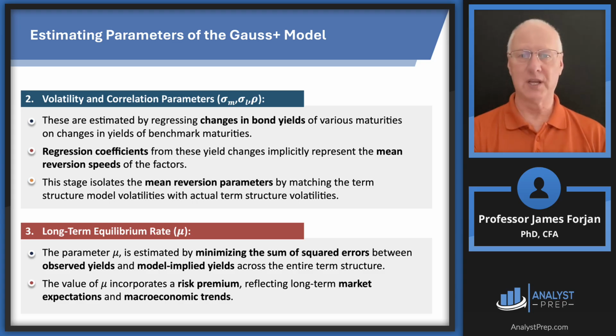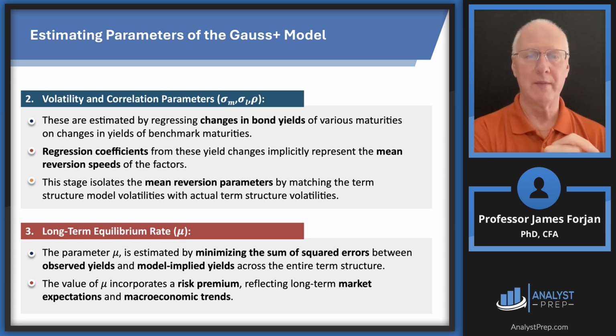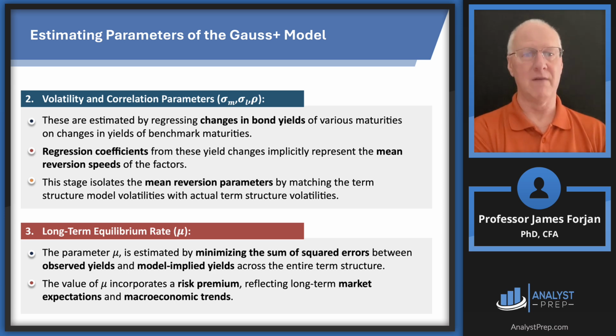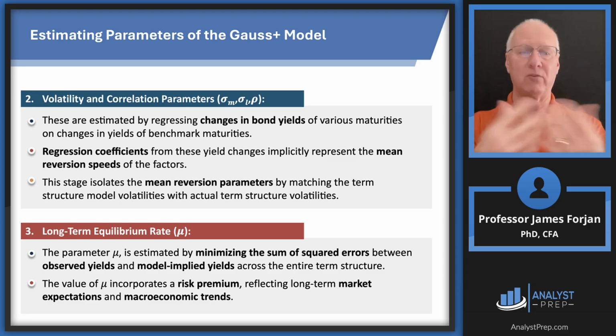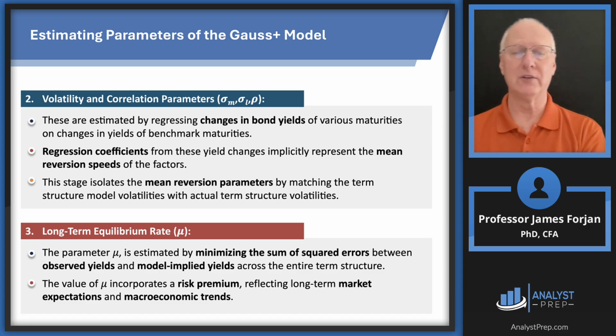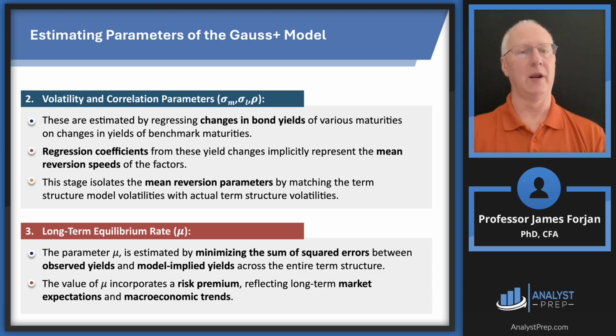And they did this a bunch of times, and they isolated those parameters in which the volatility of the model matched the actual term structure volatility. And that's why we can say those regression coefficients implicitly represent the mean reversion speeds while considering those volatilities. So there's matching going on in there.